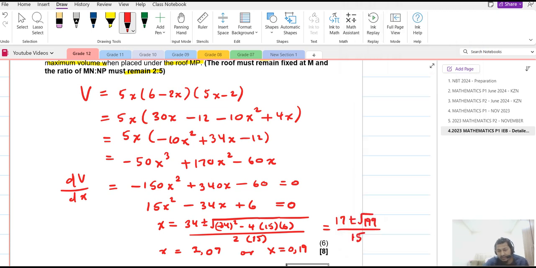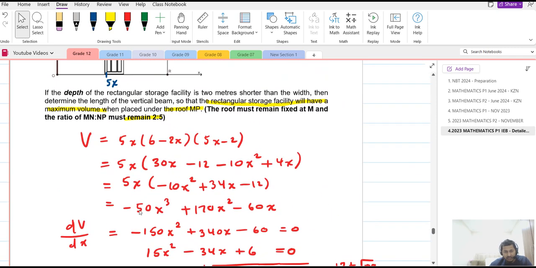Okay, I'm just trying to make sense of which answer it should be. Remember, this cubic function is negative, and you're trying to maximize the volume. The maximum will have a bigger x value. That's a maximum, this is a minimum, right? So it's going to have a bigger x value.